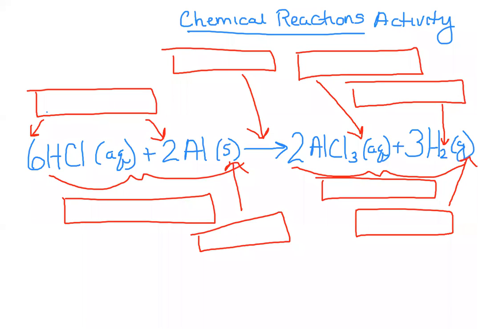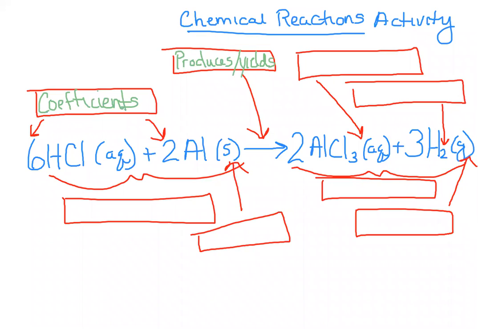Okay, right here where this first box is pointing to the 6 and the 2, those are coefficients. It's just like in math, when you have a number in front of an X. Those are the coefficients when you have a number in front of the element. This arrow in the middle means produces or yields.